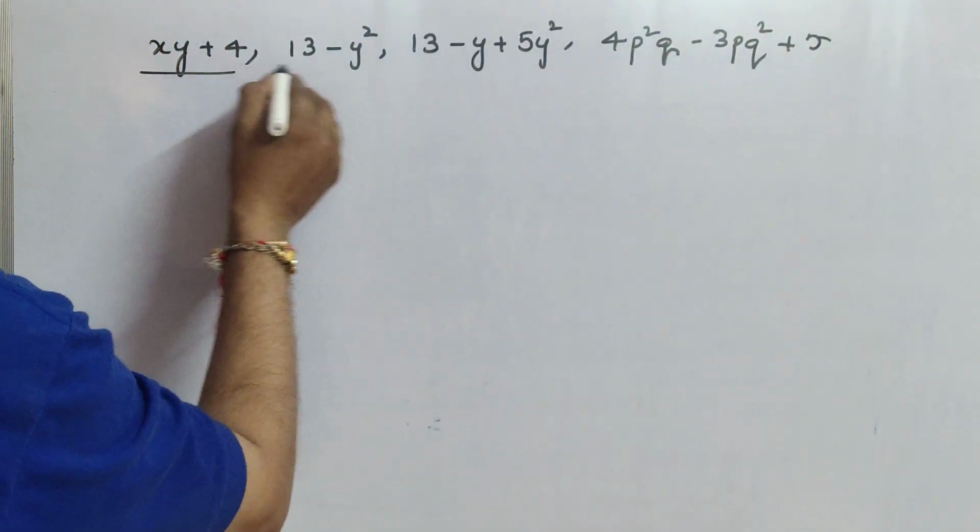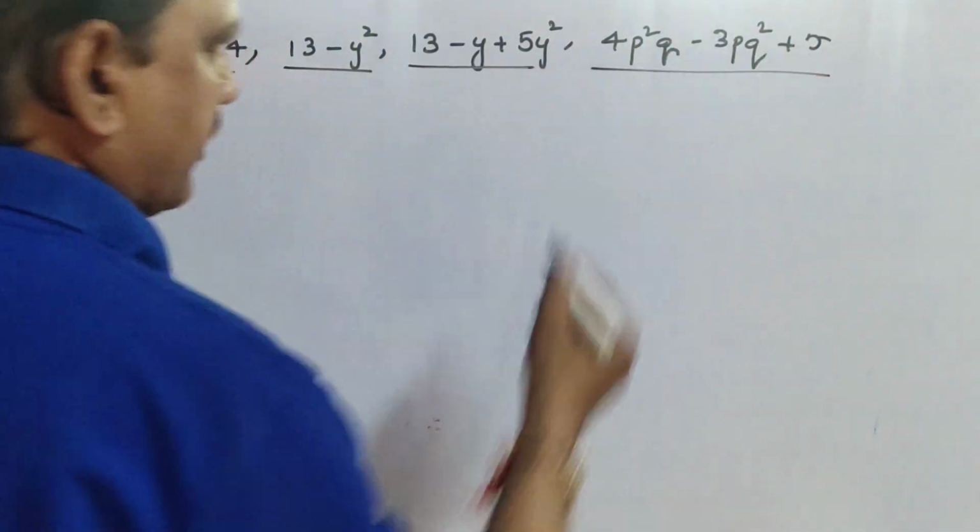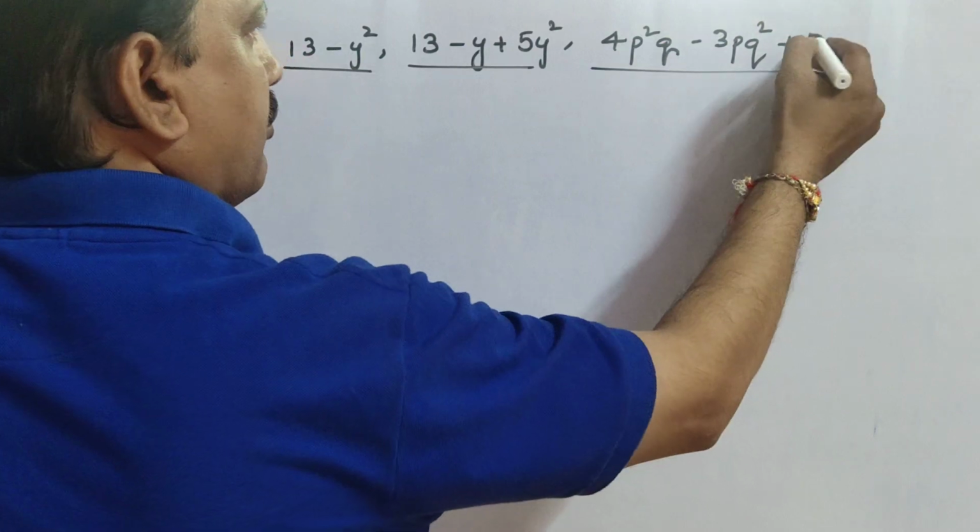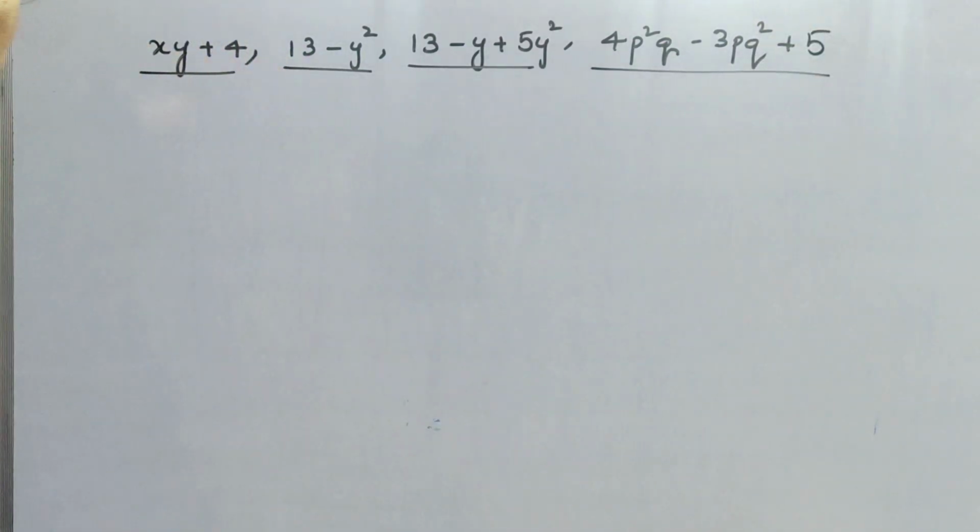That means 4 questions are given. Now what is the question? Identify in the following expressions terms which are not constants.